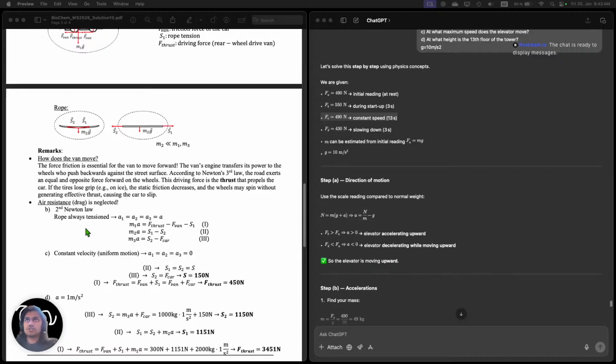Rope always tensioned, so a1 equals a2 equals a3 equals a. M1 a equals F thrust minus F1 minus S1. M2 a equals S1 minus S2. M3 a equals S2 minus F car. Wait, what? Something ain't right.